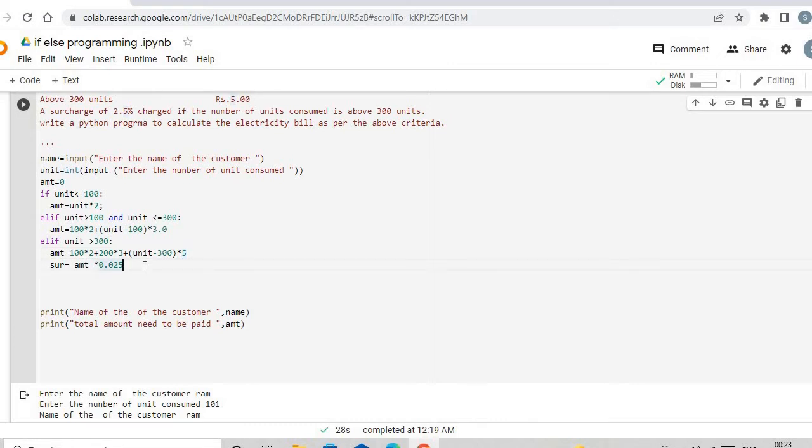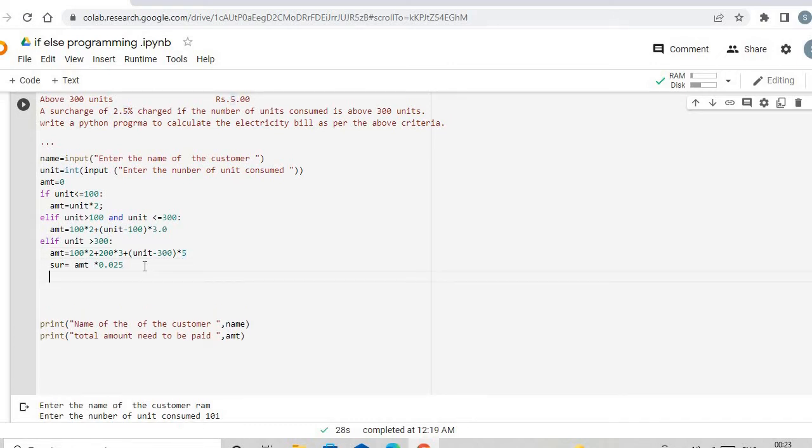One thing, I can print the searches here. Just giving a condition over there.